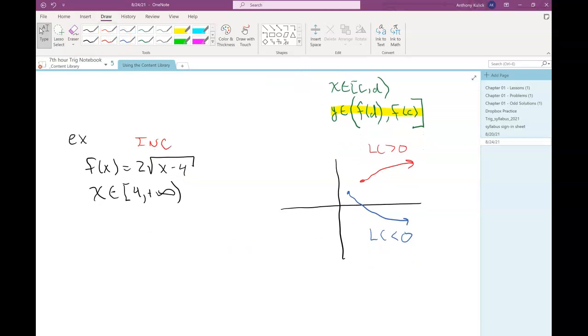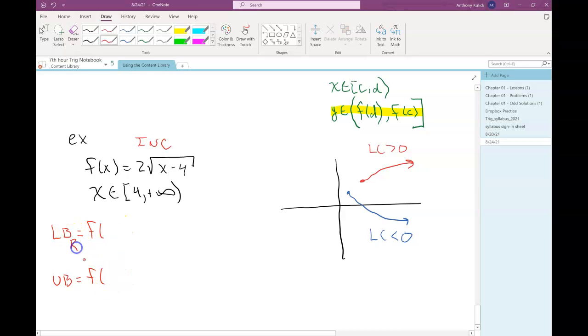Okay, so since this is increasing, I know that the lower bound for my range is just going to be f of the lower bound for my domain. And the upper bound for my range is going to be f of the upper bound for my domain. Actually, let's do this since these are notes.